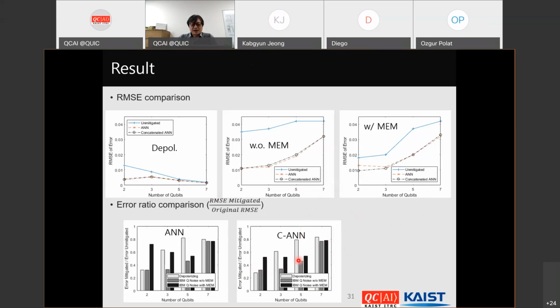However, as the number of qubits increases, the amount of mitigation becomes smaller. For the complex system, we don't have enough complexity to resolve the problem with the classical machine learning. Probably we can add more hidden layers to overcome this problem.